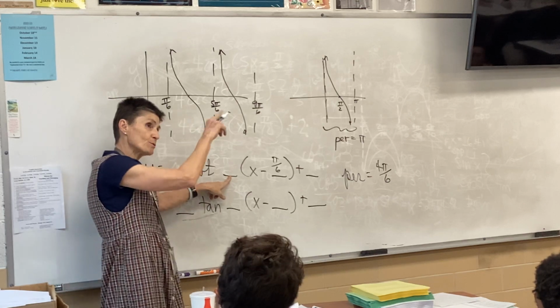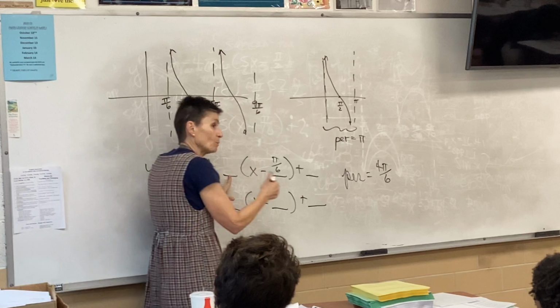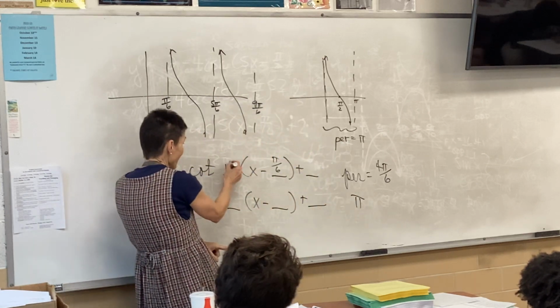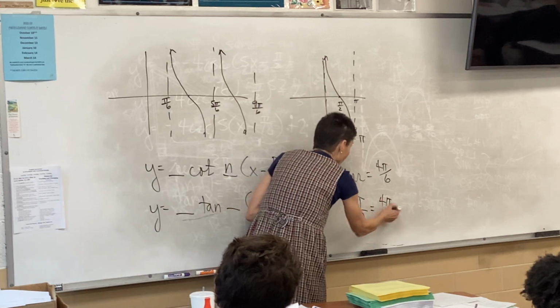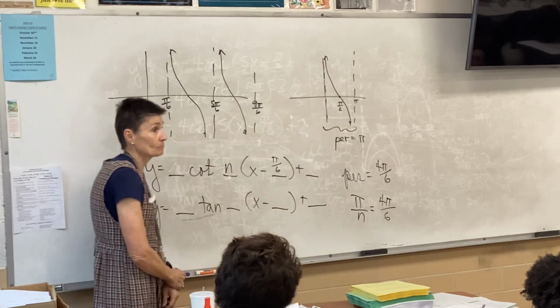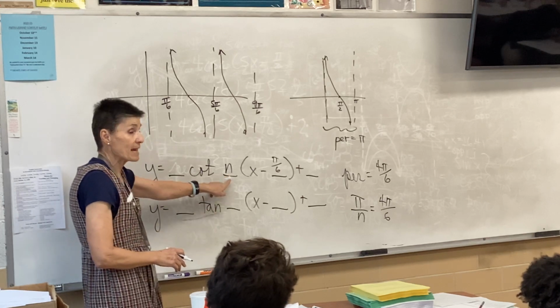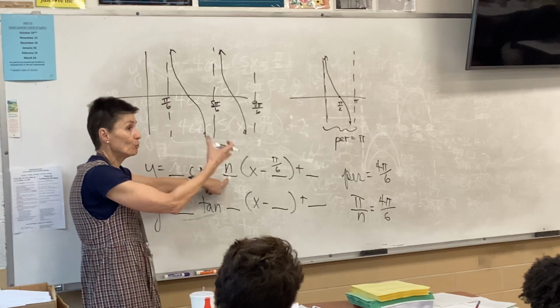Well, in that problem we used 2 pi because that was a sine. In this one we're going to use pi. We're going to divide it by this number, and that has to give us 4 pi over 6. That's how it works. Your standard period divided by this number gives you your new period.